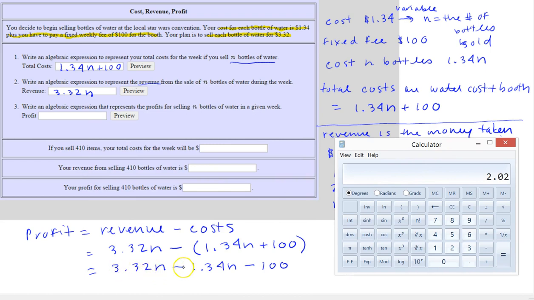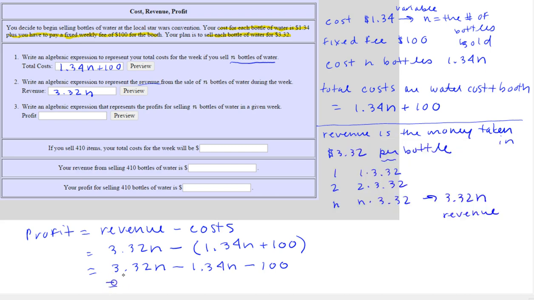So 3.32 minus 1.34 equals 1.98. So these two subtracted are 1.98N, and then we have the minus 100. So let's write that up here, 1.98N minus 100.